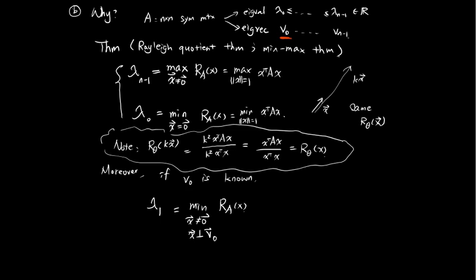And if you want to do lambda 2, you have to have v0 and v1, and you look at all the vectors that are perpendicular to v0 and also perpendicular to v1, and then you are able to find out what is lambda 2. So I will stop here, but later on I will write some kind of the idea behind the scene.